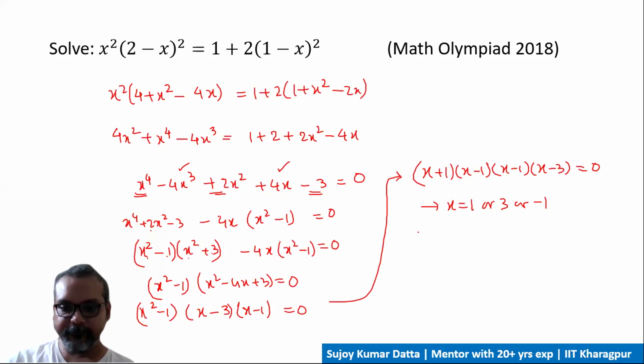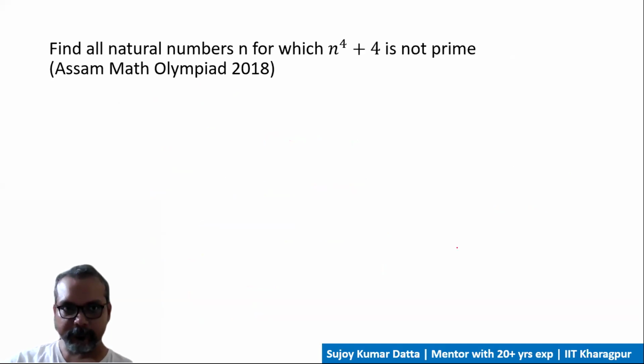Let's go to the next one. So you have to figure out all natural numbers n for which this is not prime.